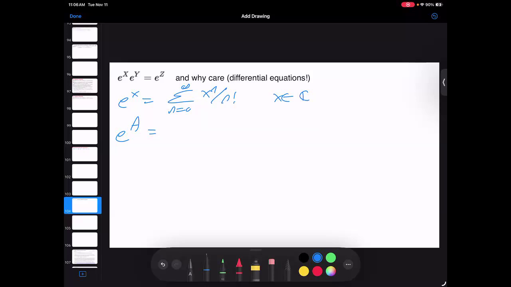So say that again. Raise each entry of the matrix. So what you would then do is you would have a new matrix where the 1 by 1 entry would be e to the a11. The 1 2 entry would be e to the a12.